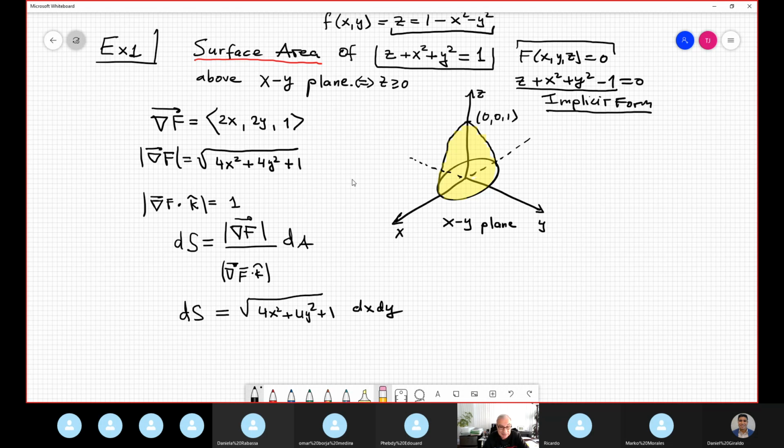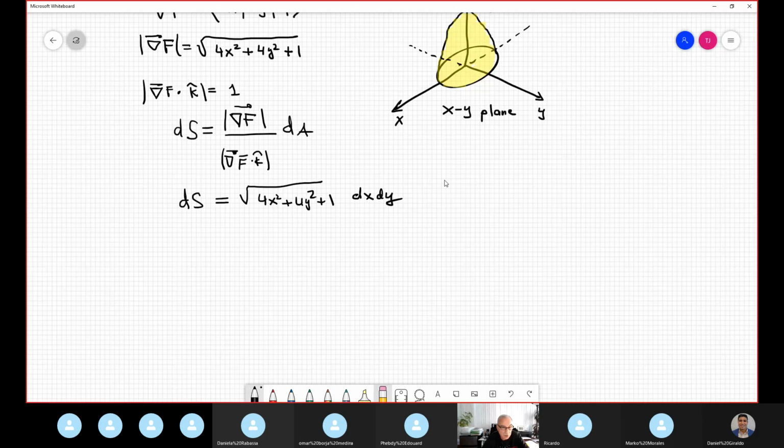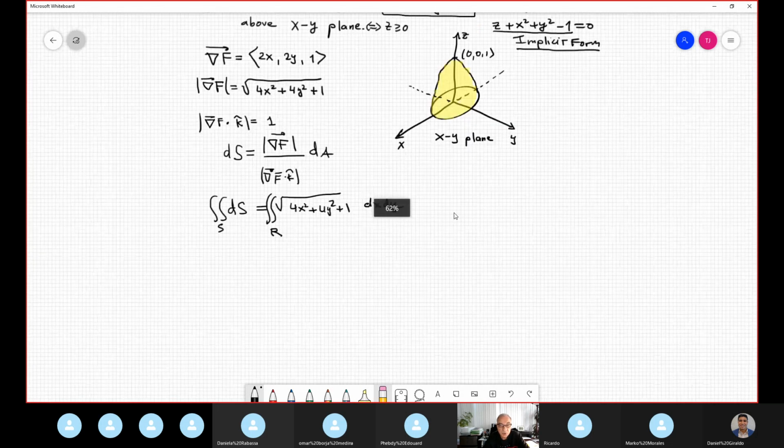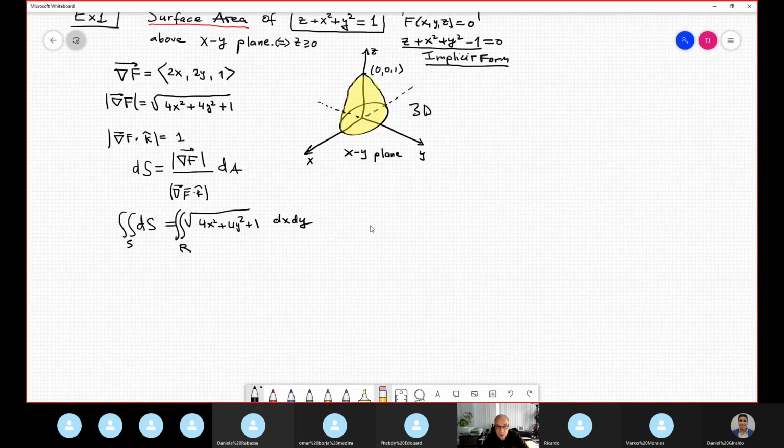Okay. The rest is the integration. So this surface integral is equal to the double integral of this integrand function in the region R. And who is the region R? Well, the region R is the projection of this yellow surface on the XY plane. So if I am doing the sketch in 2D, look, we have a circle, no?